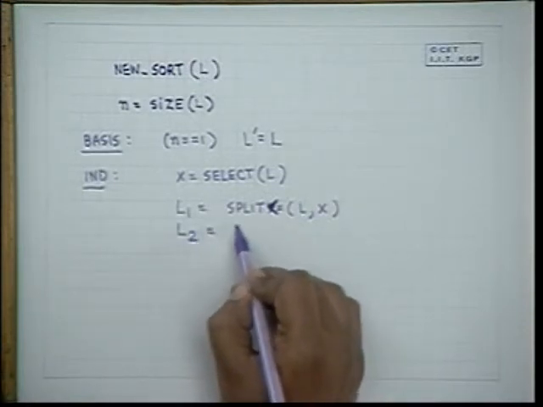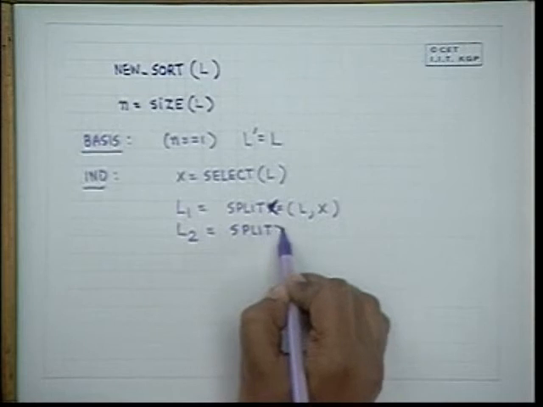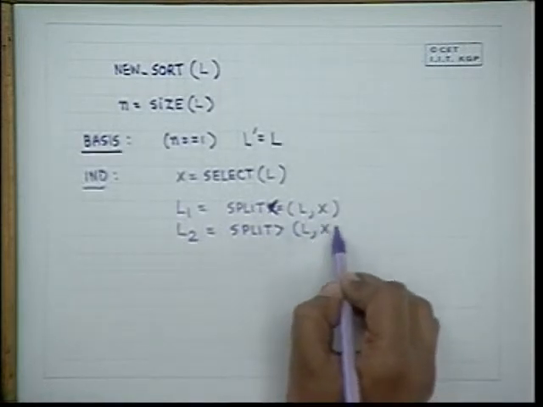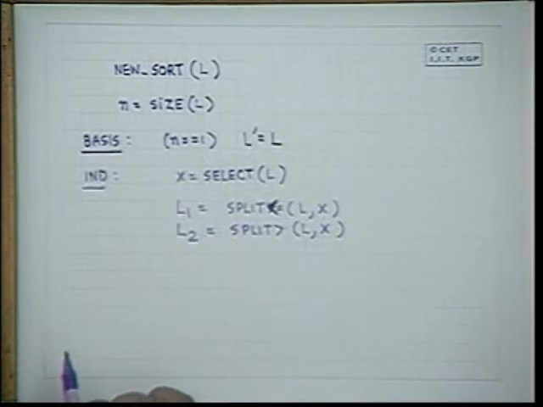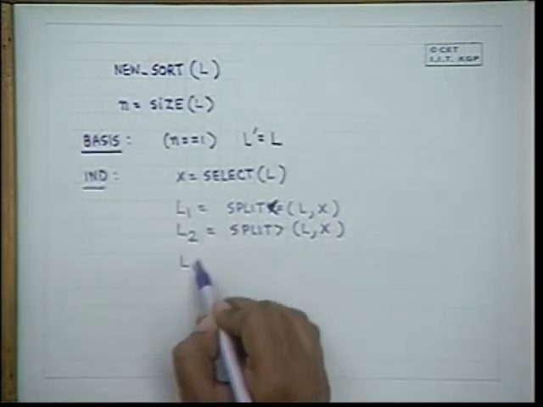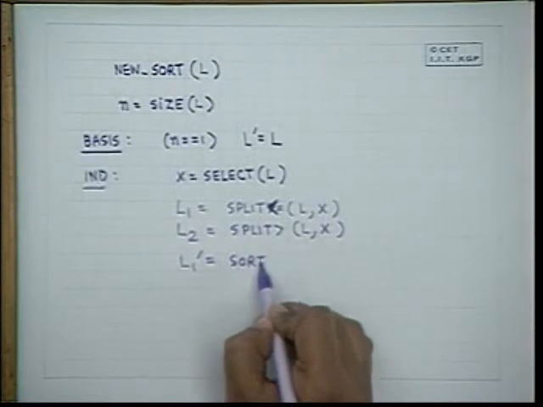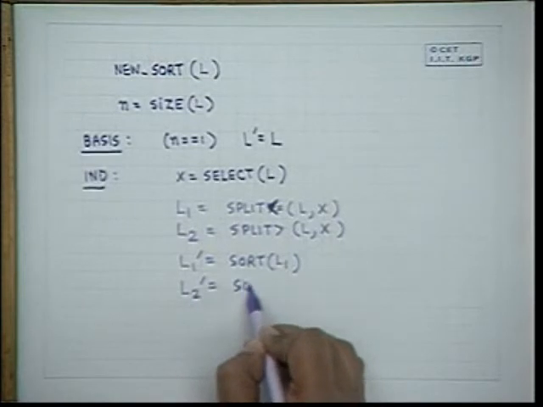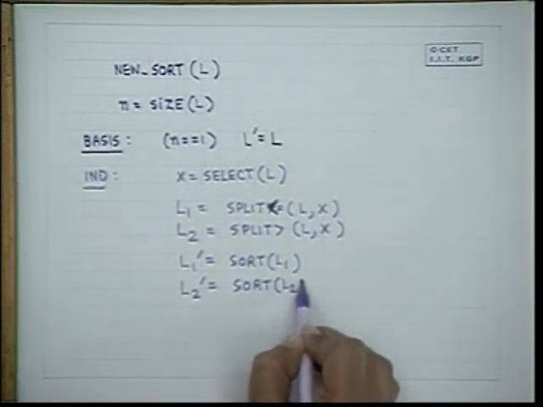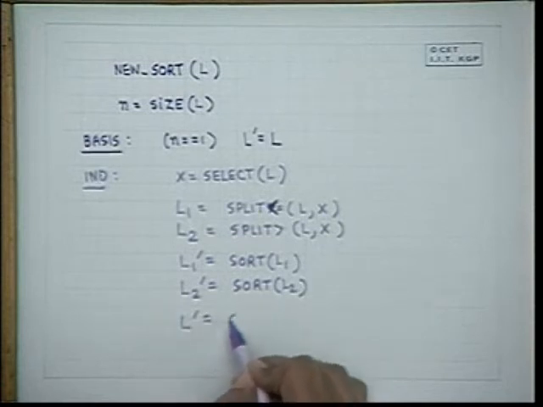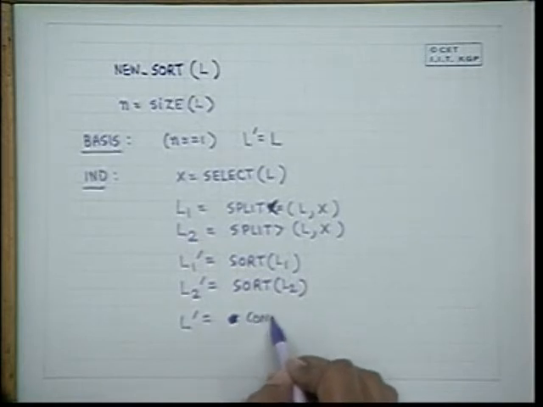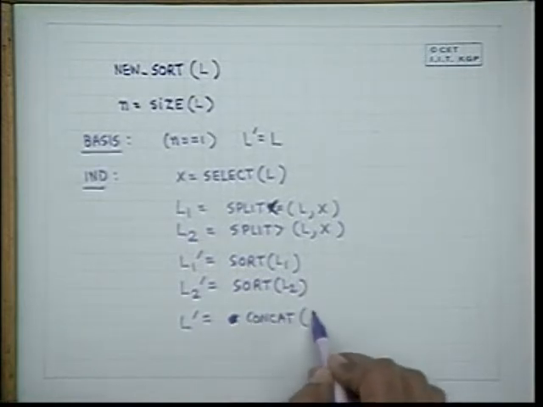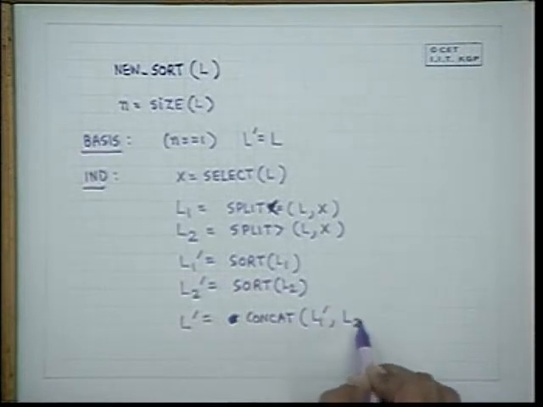L2 is equal to split greater than L x, and then L1 dashed is equal to sort L1, L2 dashed is equal to sort L2, and L dashed is equal to just concatenate, or join or append, whatever.